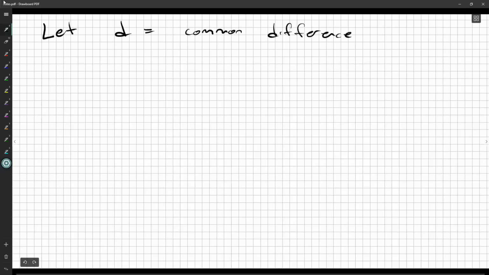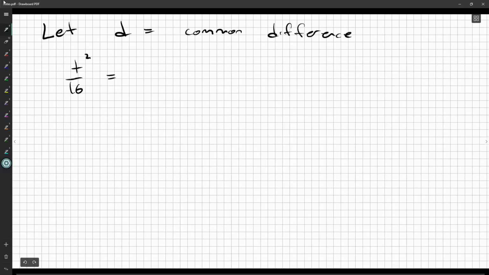Okay, so those are the first three terms, but what do we also know? That there's this common difference. So I might say let D be the common difference because the first three terms form an arithmetic sequence.